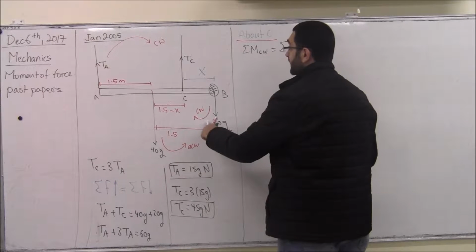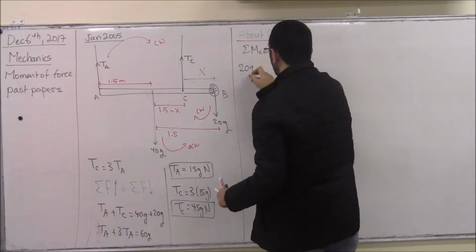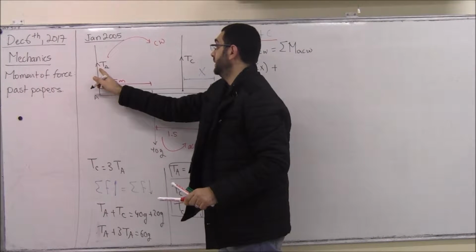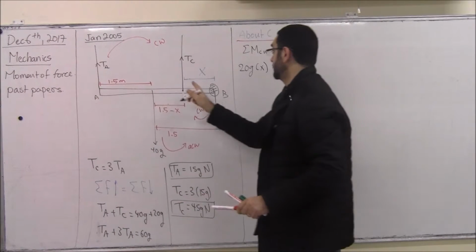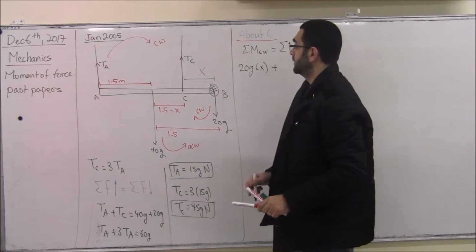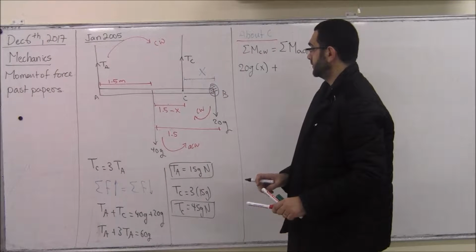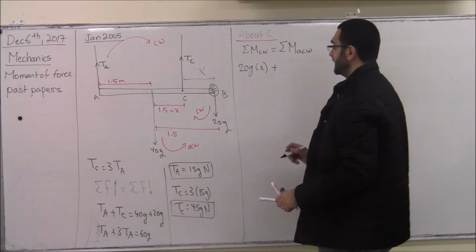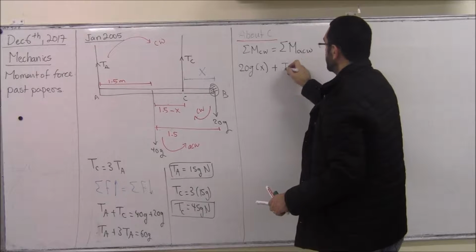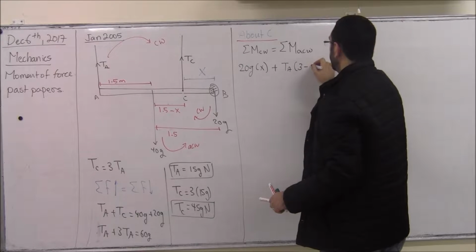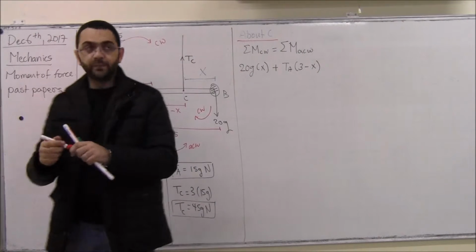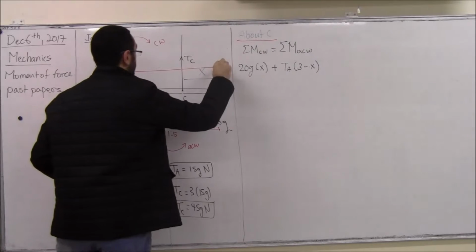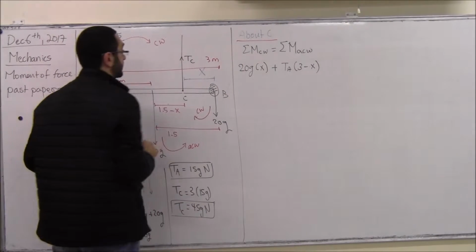Clockwise moments: 20g times x plus TA times, from this point to this point, is 3 meters.